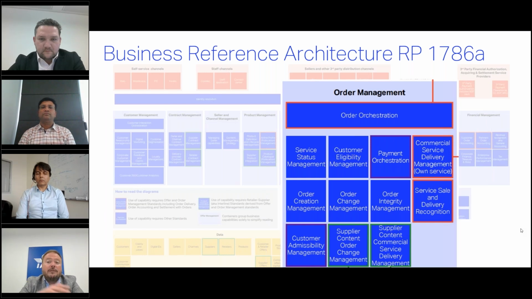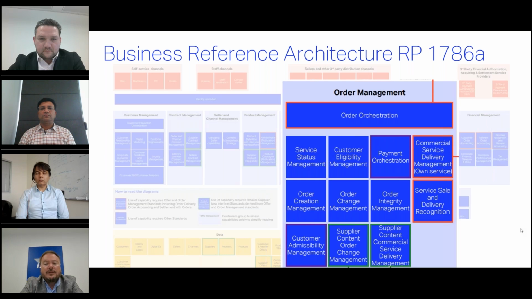And if it's not, then what are the actions that may need to be invoked? For example, on financial management, we were looking at the capability to orchestrate stop or suspend delivery, which may be a result of non-availability of commitment to pay or non-continuous availability of commitment to pay.